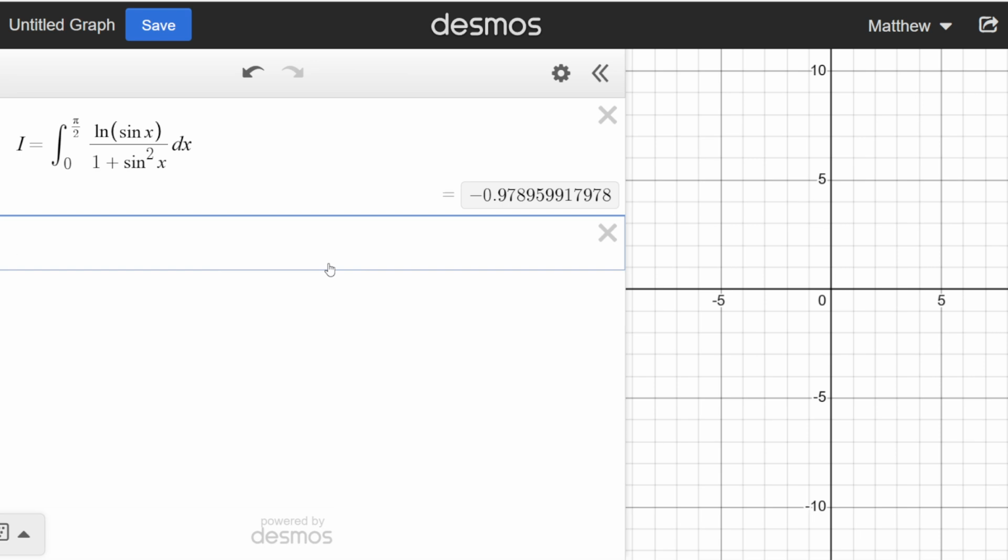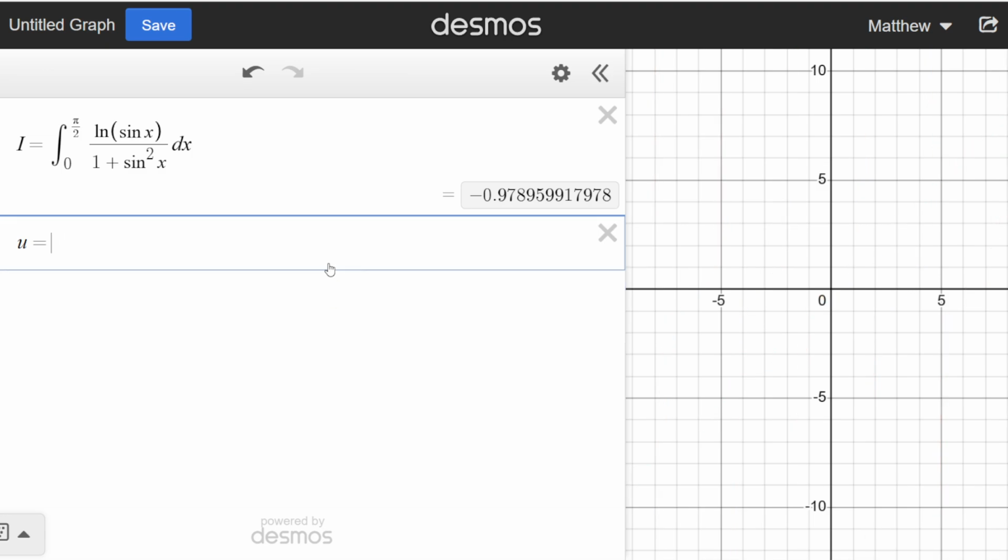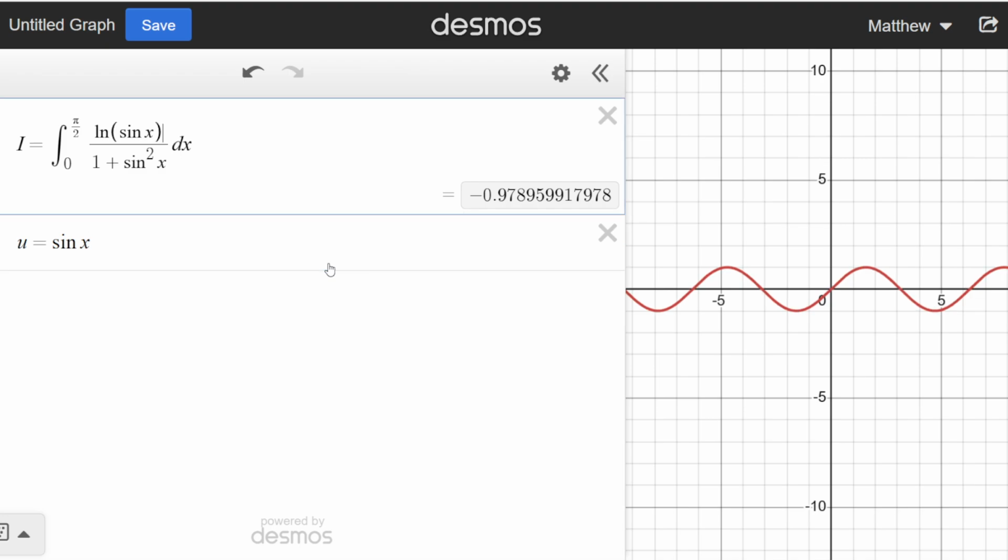And the substitution we're going to make is u equals tangent x. That might seem strange since we don't have a tangent x here. Another one I tried earlier was u equals sine x, which makes a little bit of sense at first because you have a sine x here, but you'll just end up getting back that u, and you won't really be able to work with that.